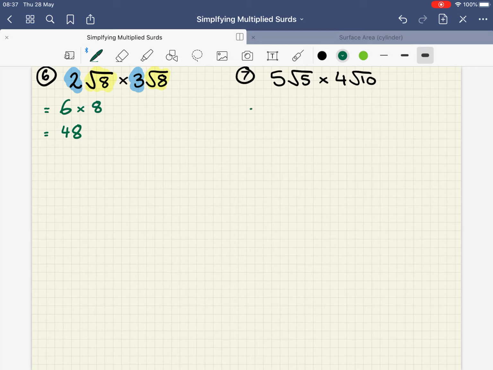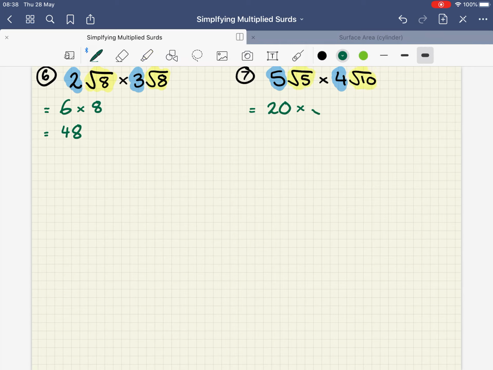So one more. I've got 5 root 5 times 4 root 10. So again, I'm going to just look at the numbers at the front first. So I've got 5 times 4, which is going to give me 20. And then I've got root 5 times root 10.